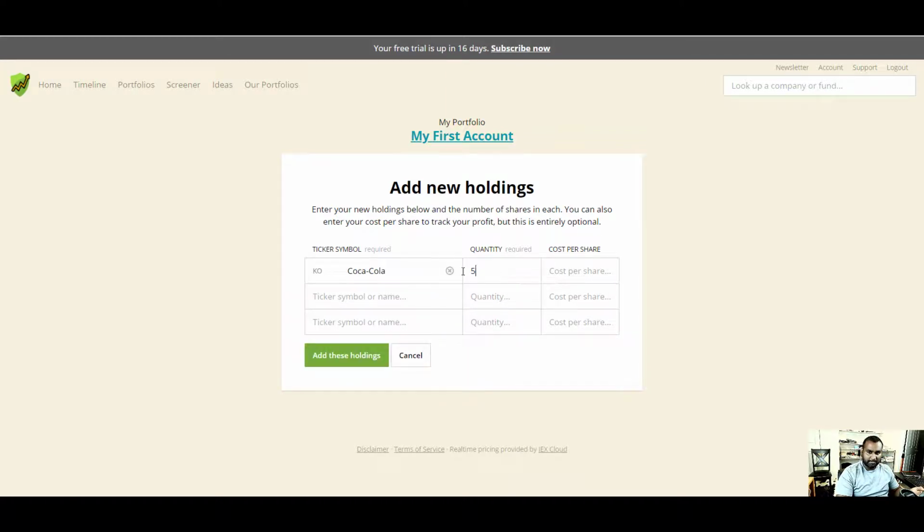I'm pretty sure I bought somewhere. So I bought 2.15571, and cost per share was $49.81. That's how much I paid.